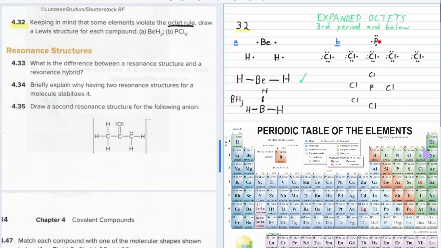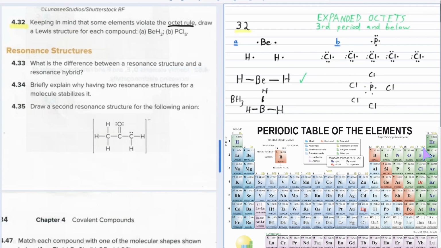And so all 5 of these valence electrons, you just unpair these two up here. So let's do that. We'll unpair those two and kind of point them towards the 5 chlorines. So that's what the 5 valence electrons on phosphorus would be like. And then the chlorines, let's just keep those like that, since they typically form 1 bond, and that's all they need to do in this case, form the bond to the phosphorus.